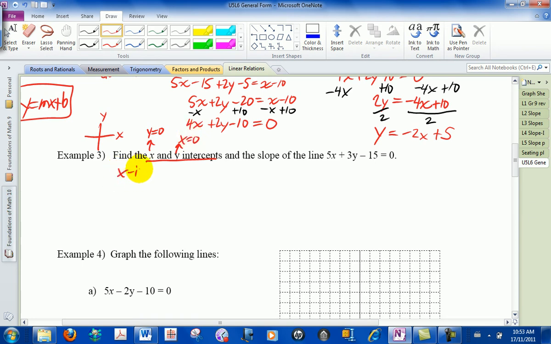Okay. So first of all, let's find your x-intercept. 5x plus 3y minus 15 equals 0. For your x-intercept, y equals 0. So we're going to go 5x plus 3 times 0 minus 15 equals 0. Go ahead, solve for x.